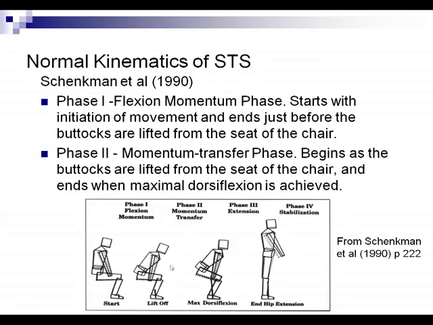And then we have phase 2 being the momentum transfer phase. And this involves forward displacement of the centre of gravity, and it also includes the beginning of upward movement. So it starts when the buttocks are lifted from the seat, and it ends when maximal dorsiflexion is achieved.